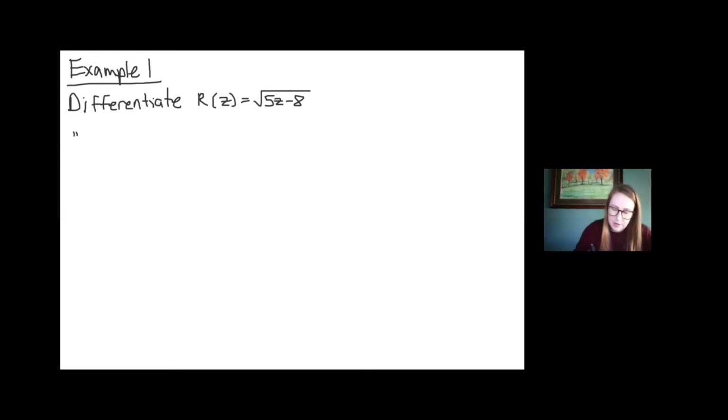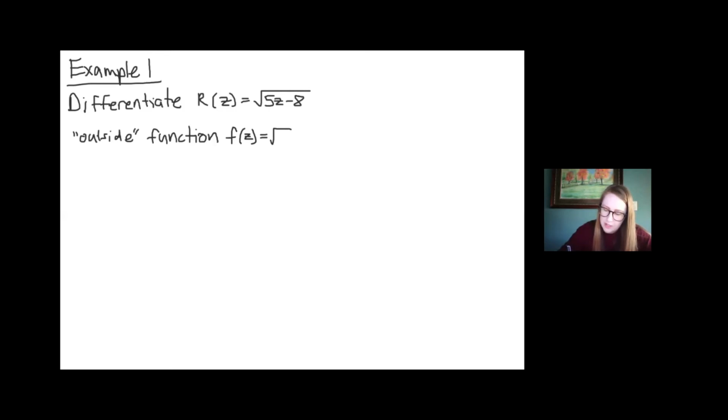We would say the outside function, which in our definition is little f, and we're going to use z because that's the variable for this one.